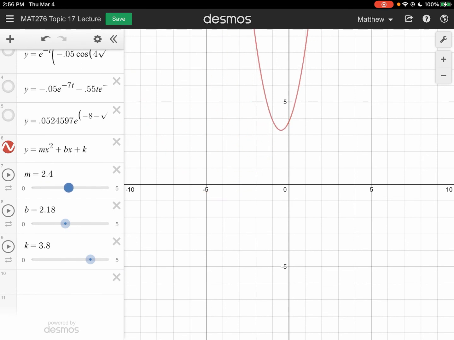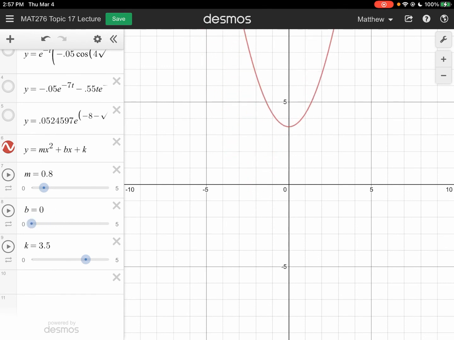Adjusting that seems to widen or narrow the parabola. If m is large we get a narrow parabola, if m is small, getting close to 0, we get wider parabolas. K is just vertical shifts. That makes sense. And then for b, it looks like the shape doesn't change, but the vertex location changes.